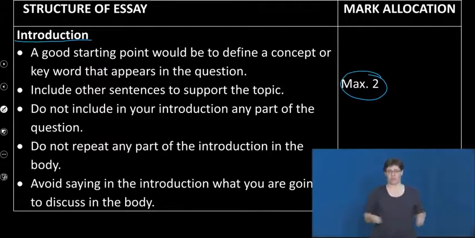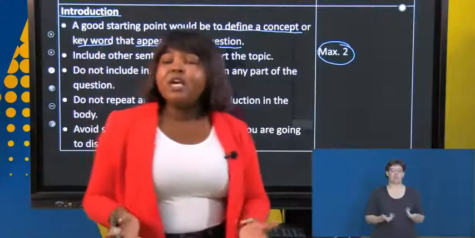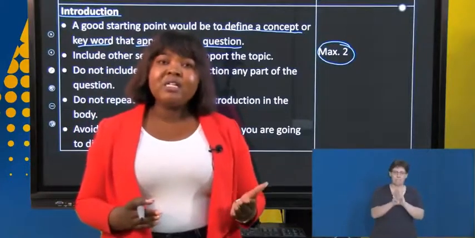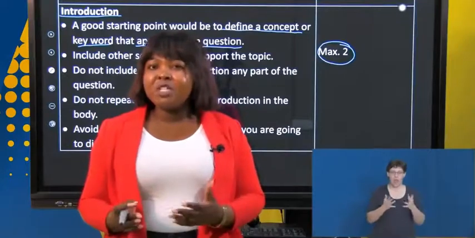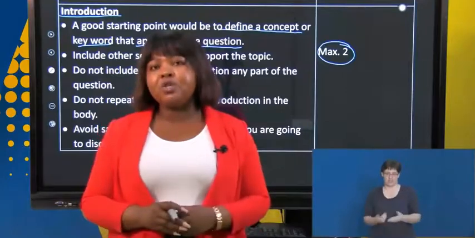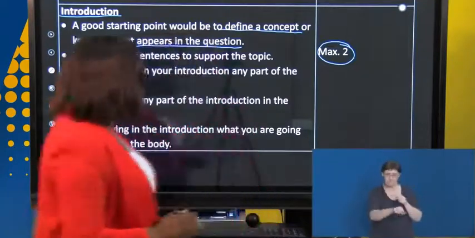You need to define a concept or a key word that appears in the question. For example, if you are given an essay on markets, you can define what a market is. A market is a mechanism where buyers and sellers meet to exchange goods and services. That would be a good 2 marks in your introduction. So you have defined a key concept there, which is a market.